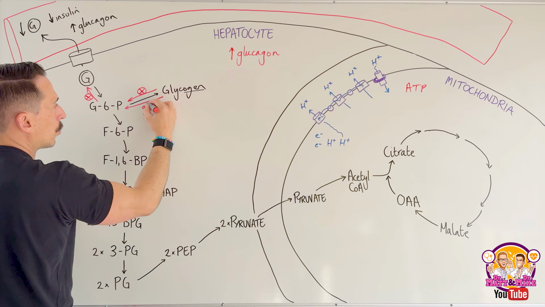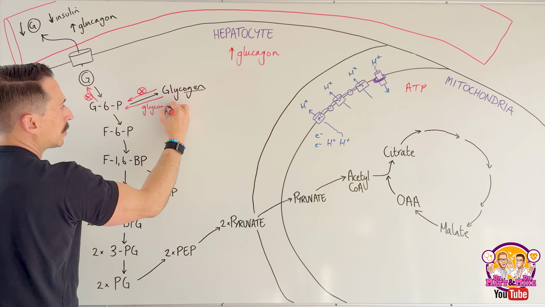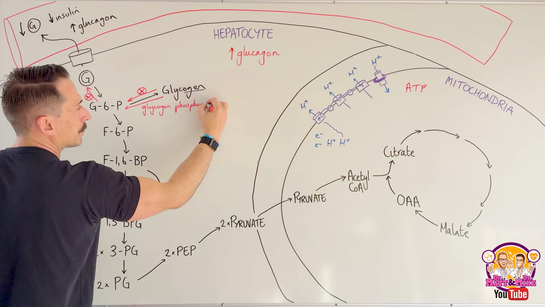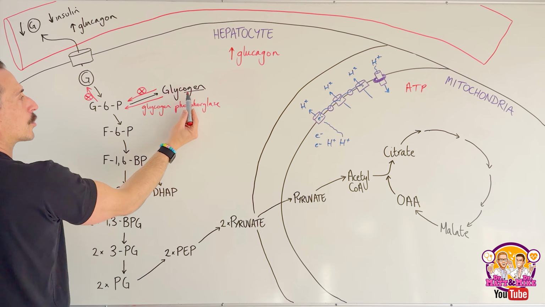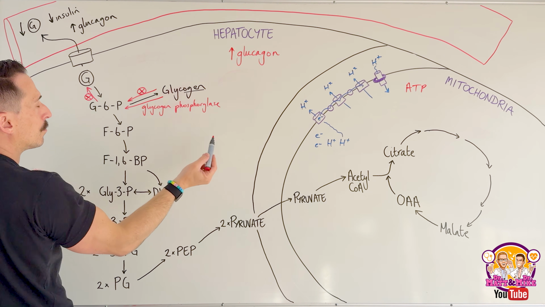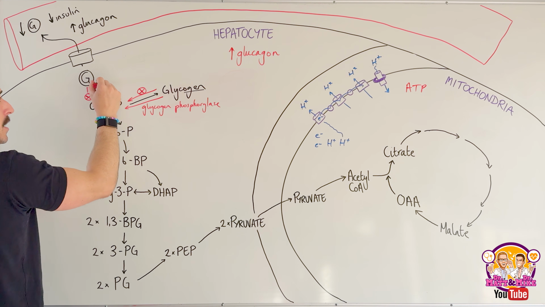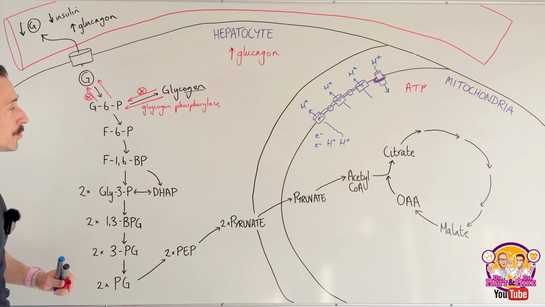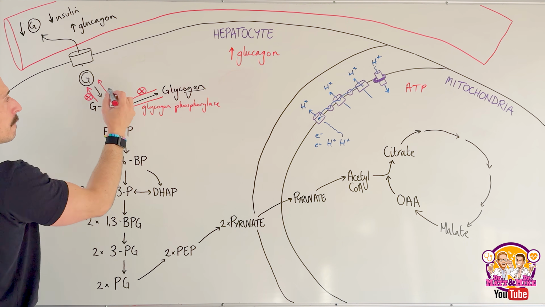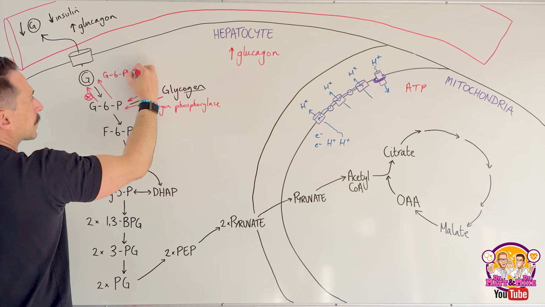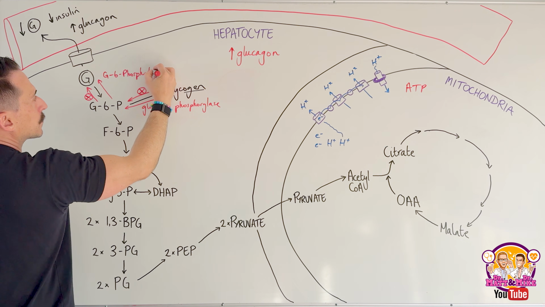Those enzymes are called glycogen phosphorylase. Brilliant. So now we've turned glycogen into glucose 6-phosphate. Luckily, glucagon also stimulates the enzyme that can turn glucose 6-phosphate into glucose, and that's called glucose 6-phosphatase.